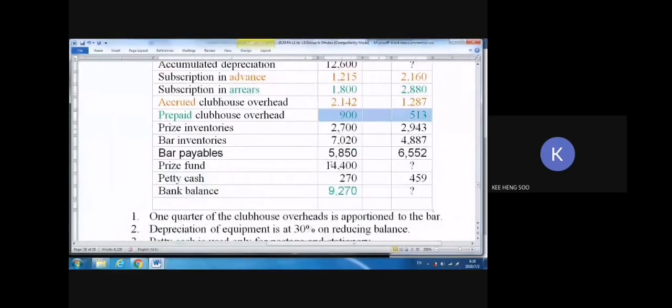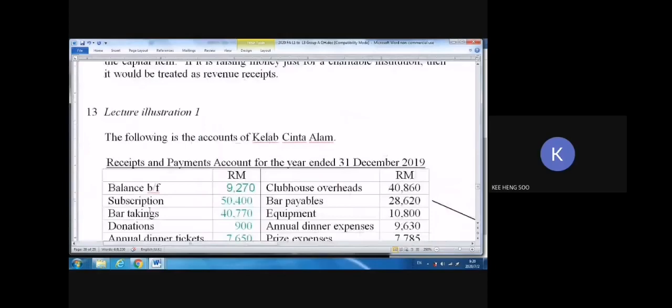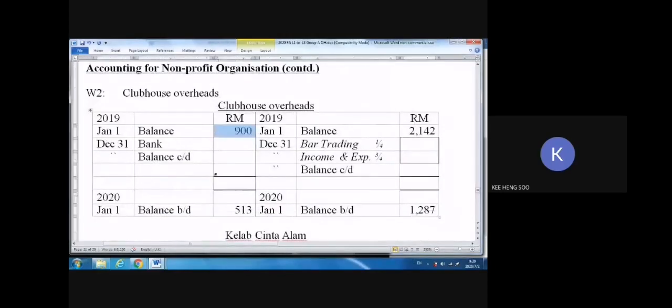This is prepaid. I say prepaid is on the debit side, is an asset. That's why 900 and 513 on the debit side, am I right? And this 2142 and 1287 is the liability.